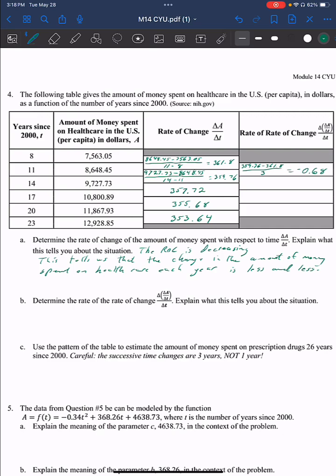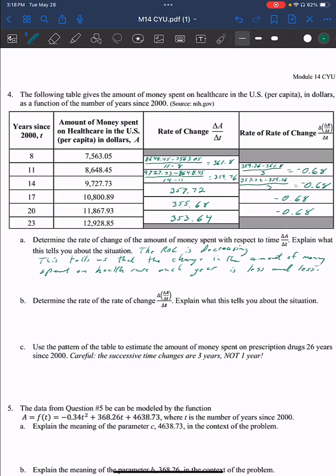And if I continue on, 357.72 minus 359.76, again all over 3, again I get this negative 0.68, and I see that if I were to continue that process, I get a constant negative 0.68.